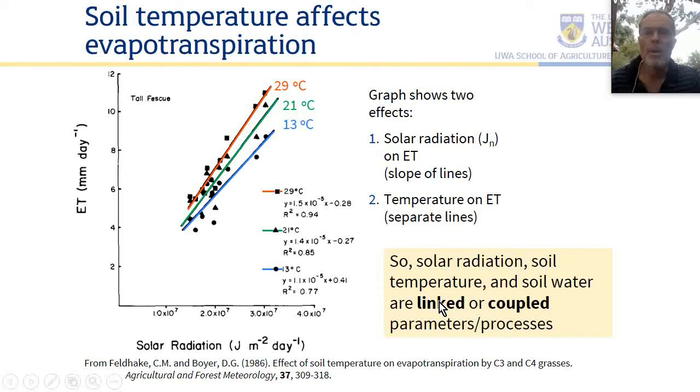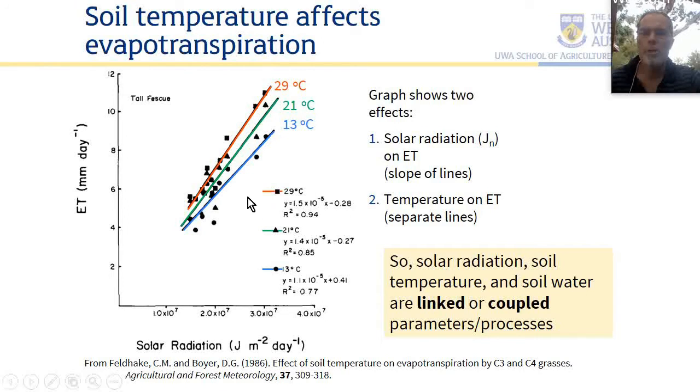Okay, so soil temperature has an effect on a whole bunch of things. One of them being evapotranspiration. So the warmer the soil, the more evapotranspiration we get. All right. So even for the same amount of solar radiation, we see that effect.